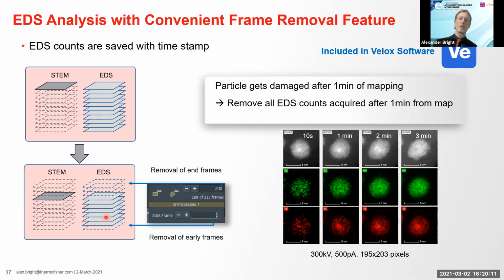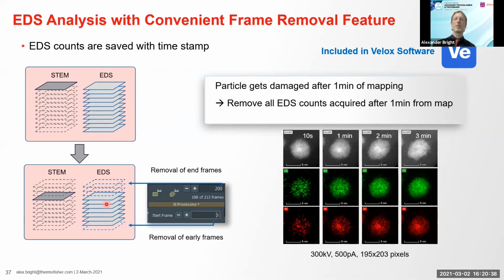For example, if damage occurred after 3 minutes, then you can discard all data after 3 minutes and just select the frames up to 3 minutes to form your final map. This means you can always get the optimal map instead of having to consider what the optimal time would be before you acquire the data. So very helpful for always optimizing your EDS map data from beam sensitive samples.